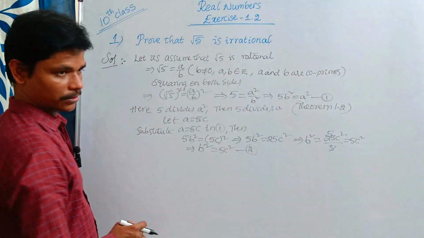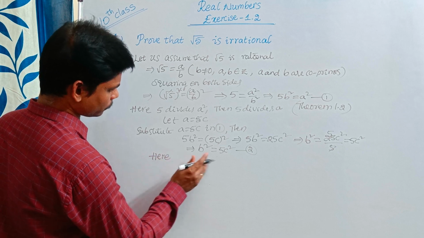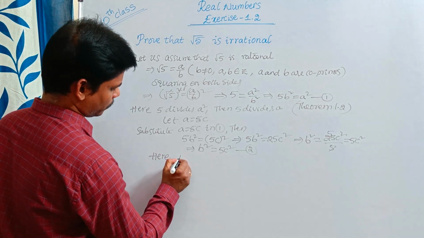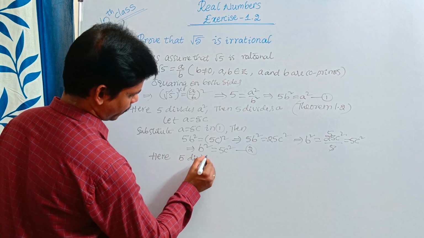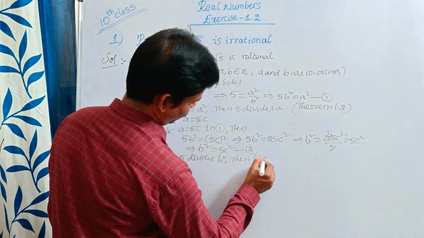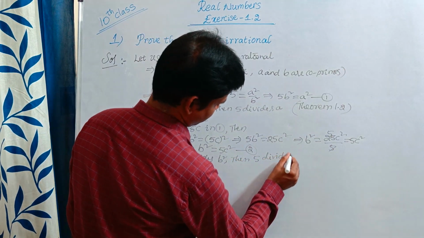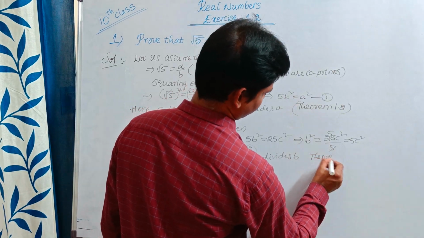What do you conclude from equation 2? Here 5 divides b square, then 5 divides b. How is it said?